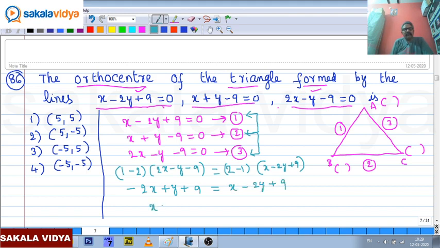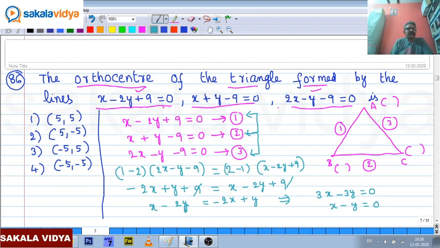So x minus 2y, this 9 gets cancelled. X minus 2y equals to minus 2x plus y. Take this side. You get now 3x minus 3y equals to 0. That means you get x minus y is equal to 0.